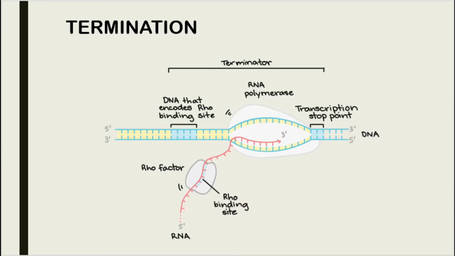When the RNA polymerase reaches the terminator, it signals the RNA polymerase to stop and release from the DNA. Once separated, the two DNA strands come back together and reform the double helix. The newly formed pre-mRNA molecule is then released.